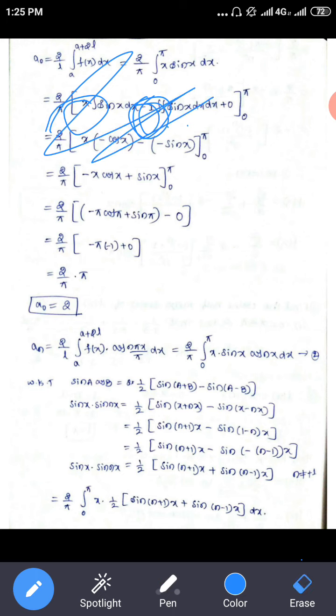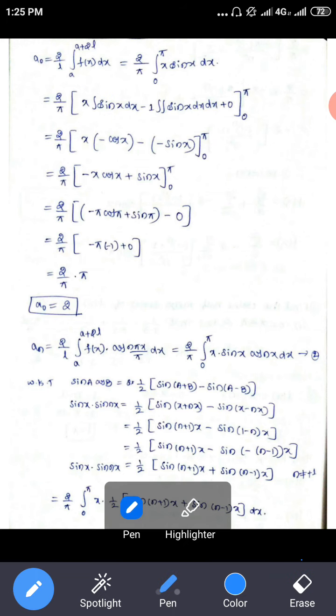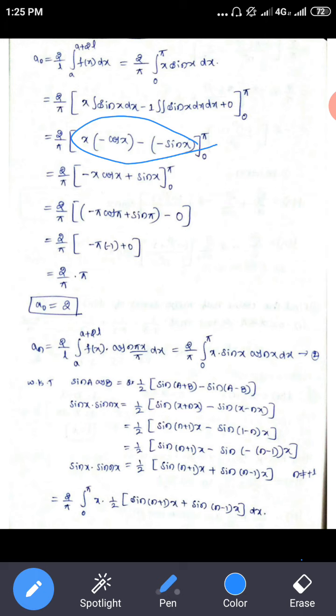So therefore what we will do is that 2 by pi, x into integration of sin x is minus cos x, minus double integration of sin x is minus sin x, over 0 to pi. So when you simplify this, minus x cos x plus sin x between 0 to pi.